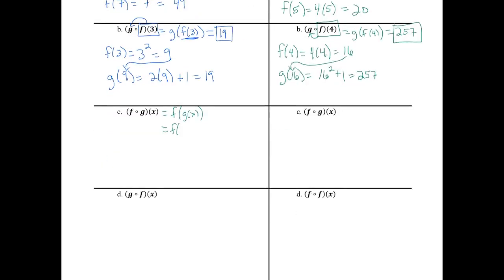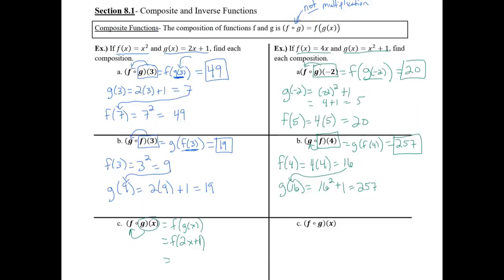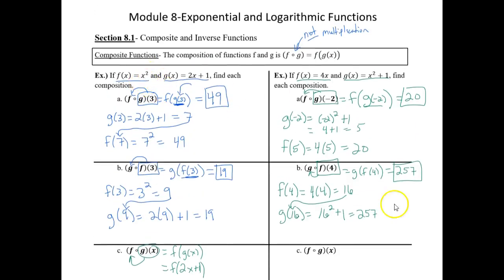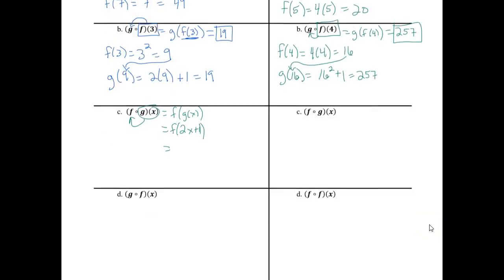That is what it equals. And I have to plug that into f. Function f was x squared. So replacing x with this entire piece. So x is now 2x plus 1, and it was x squared. So that whole quantity is being squared.